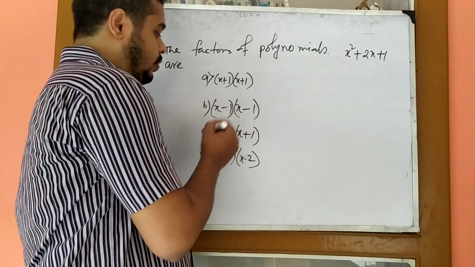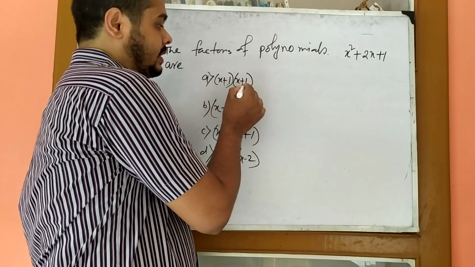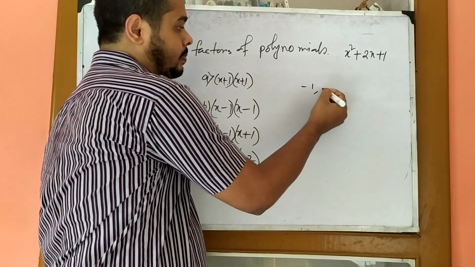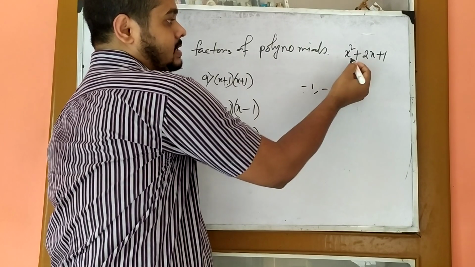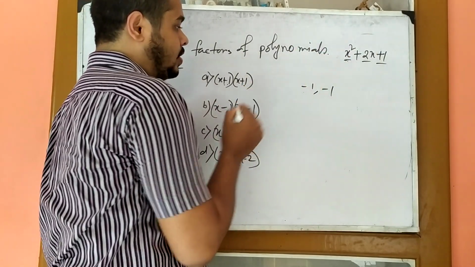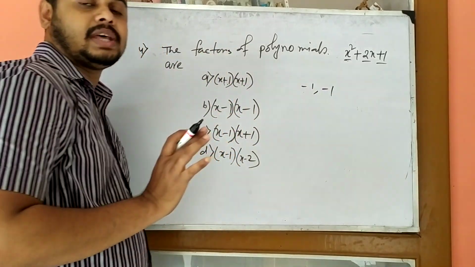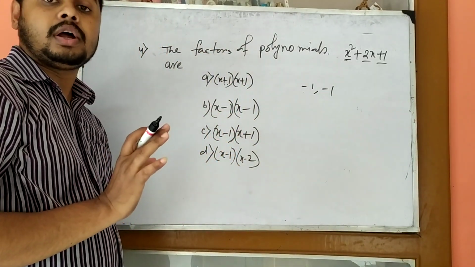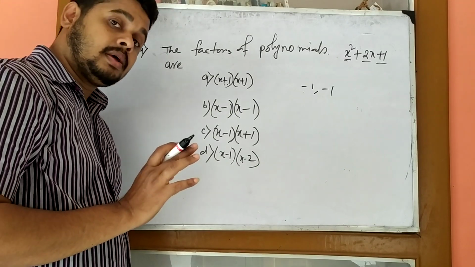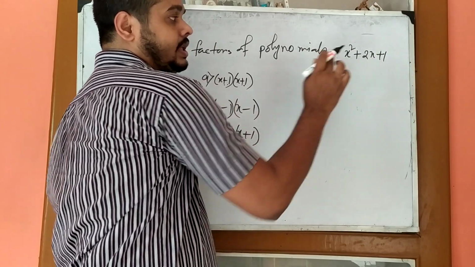Just we have to put this value 1, 1, which means we have to put minus 1, minus 1. Just minus 1 means if this value gives us 0, that time they are factors. If it does not give us 0, that time they are not factors. Otherwise, we have to factor this.